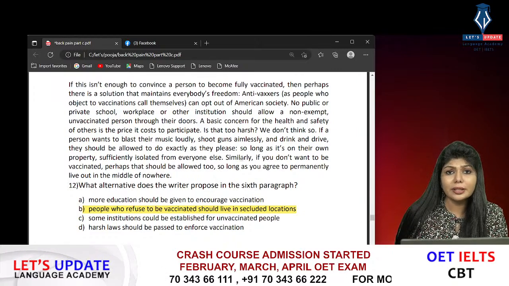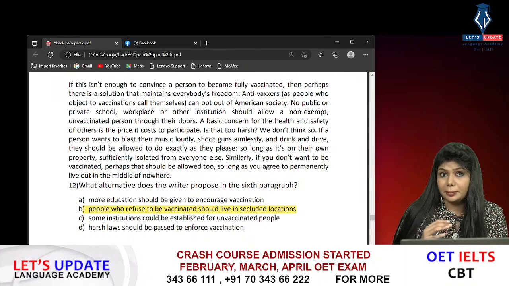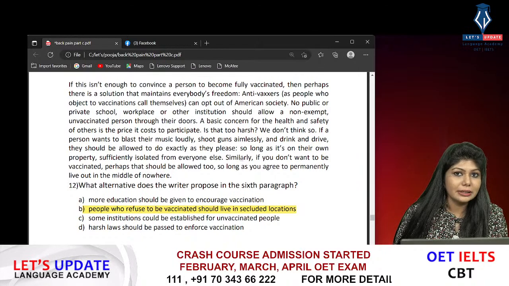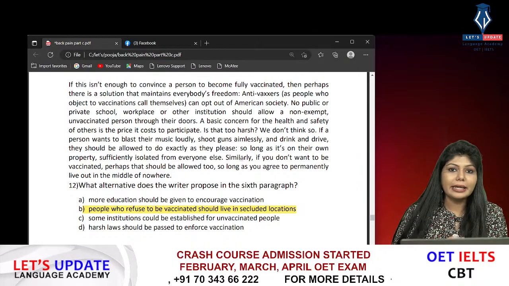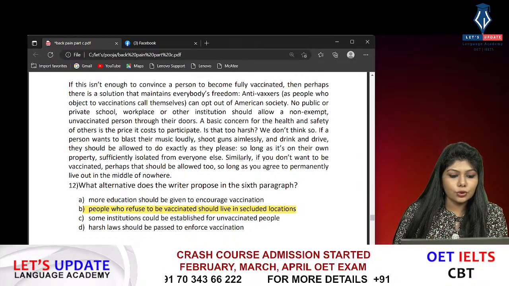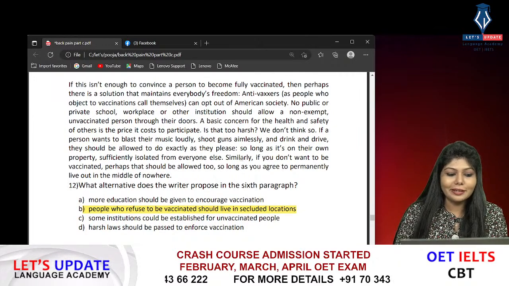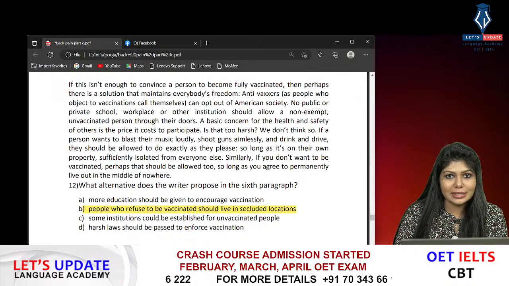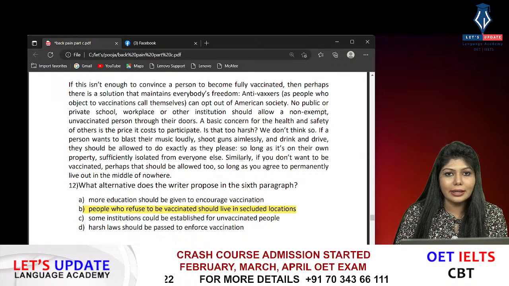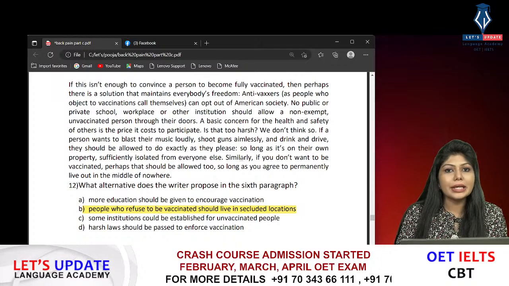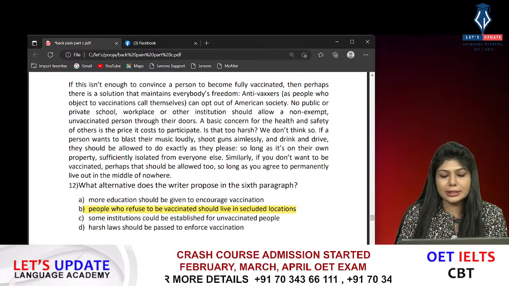The middle of nowhere means in faraway places, in secluded locations. That means you will be isolated. So if that is okay, then you can choose to not be vaccinated if you can live like that. In the middle of nowhere means in secluded locations or totally isolated from the rest of the community or the society.